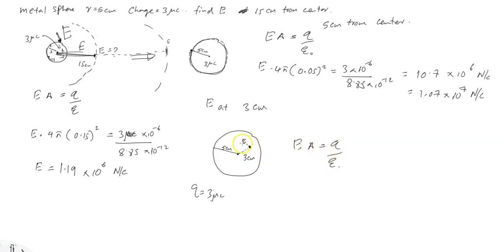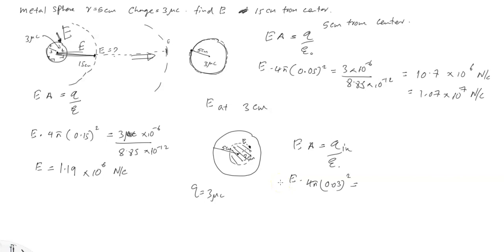I'm going to draw a surface inside, so I can put the area of that, which will be 4 pi 0.03 squared, equals Q inside, the charge inside this Gauss surface that I drew.